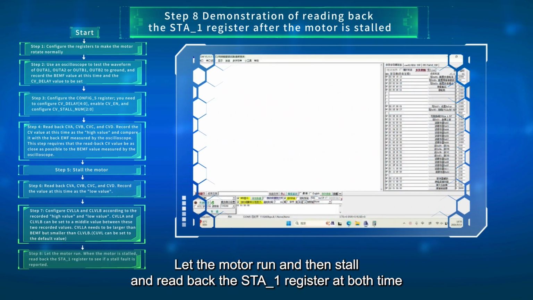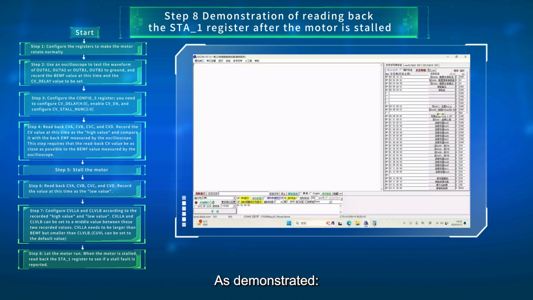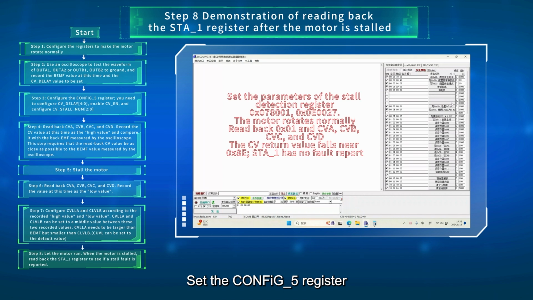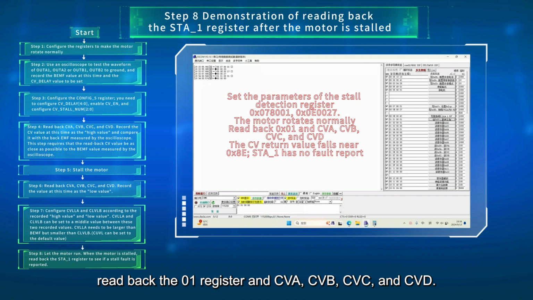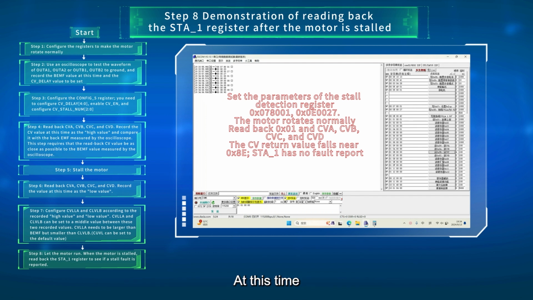Step 8. Let the motor run and then stall and read back the STA1 register at both times. As demonstrated, set the config 5 register, configure CVLLA. When the motor rotates normally, read back the 01 register and CVA, CVB, CVC, and CVD. At this time, the CV return value is around 008E.